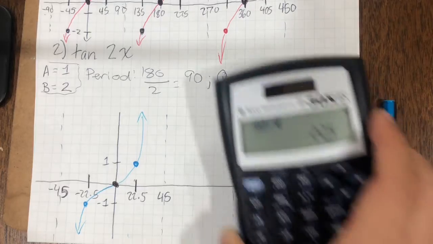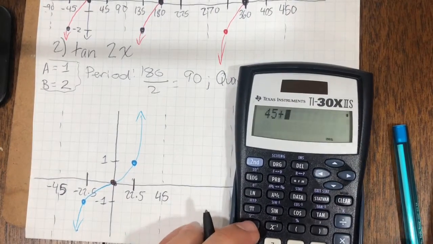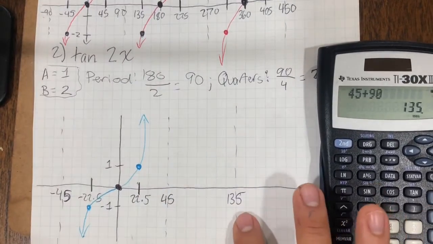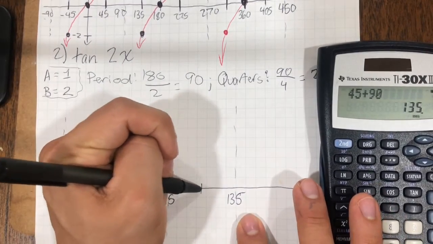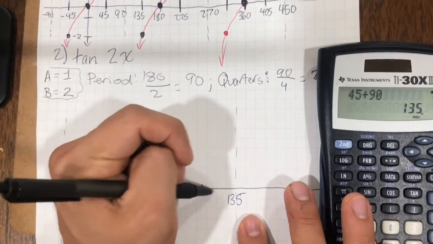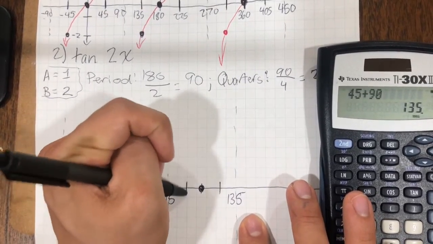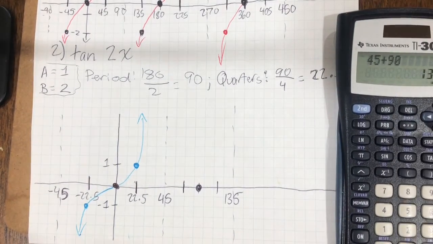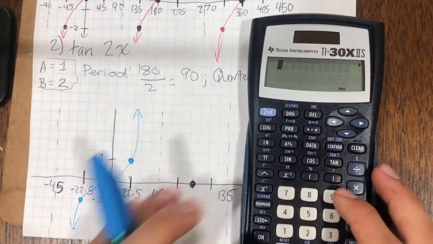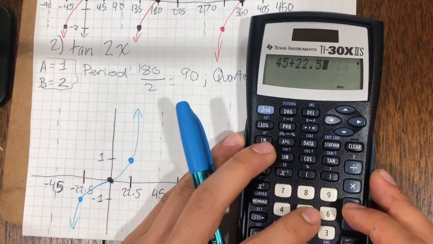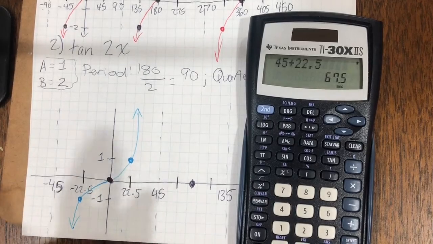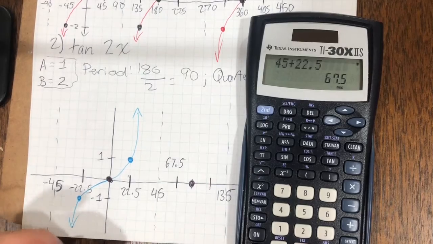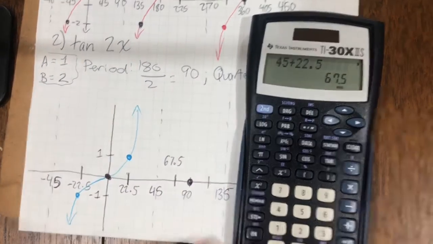So I'm going to take 45 and add it to my period, which is 90, and I get 135 degrees. All right. Then I have my midpoint, and then the two halves in between the midpoint. So remember, for each x value, we're going by 22.5. So if I do 45 plus 22.5, I get 67.5. Then if I add 22.5 to 67.5, I should get 90. All right.